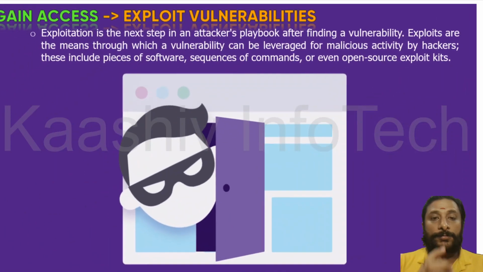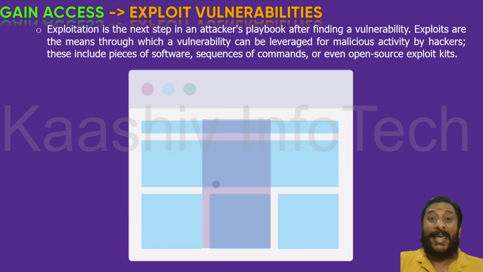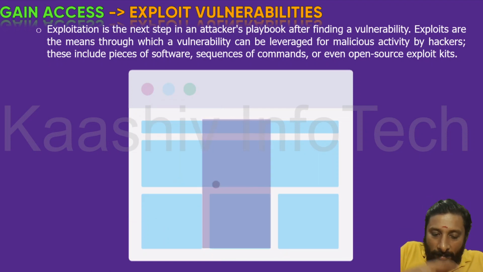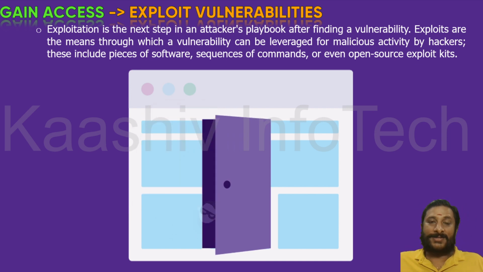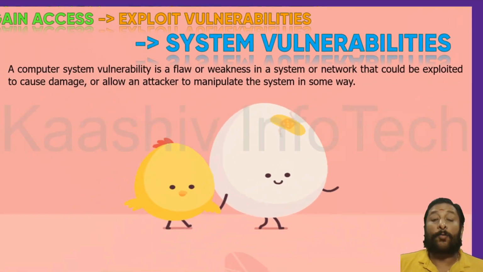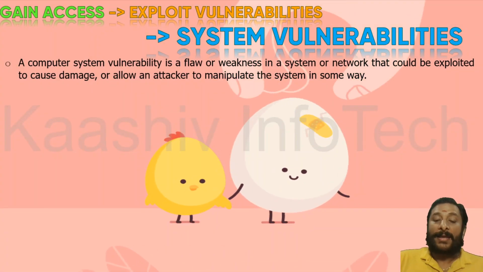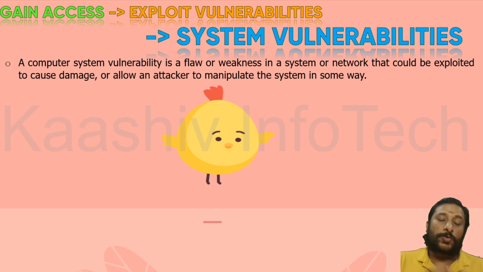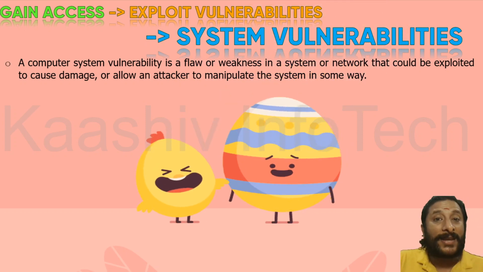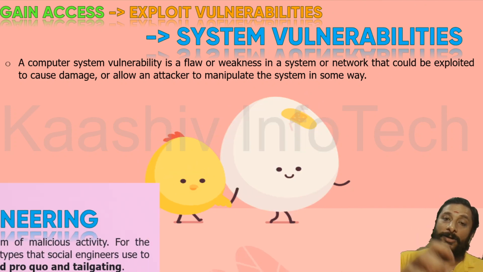Apart from that, gaining access can also be achieved by exploiting vulnerabilities. Inject a virus and it will try to grab some information. Exploit the vulnerabilities via system vulnerability: maybe the system is weak, or the password is very weak, then I can grab it. So using the system weakness, they'll try to gain access.